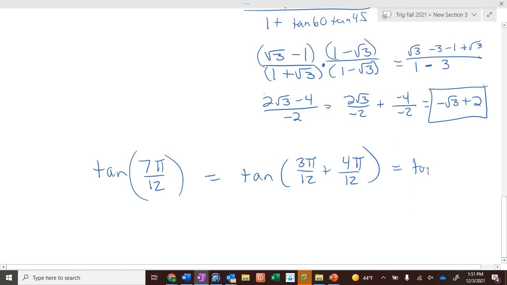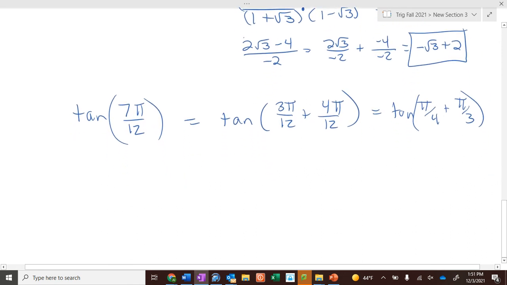So it's a tangent of pi over 4 plus pi over 3, right? What's pi over 3? How many degrees is it? 60 degrees. Is that one of those nice numbers? Yeah, it is. Okay. So that's what we want to use.